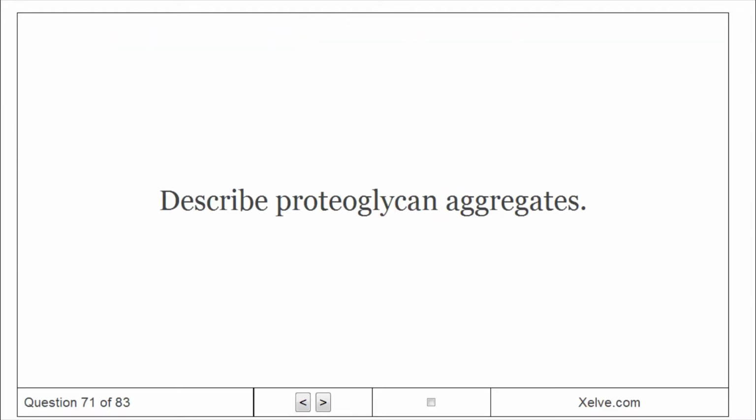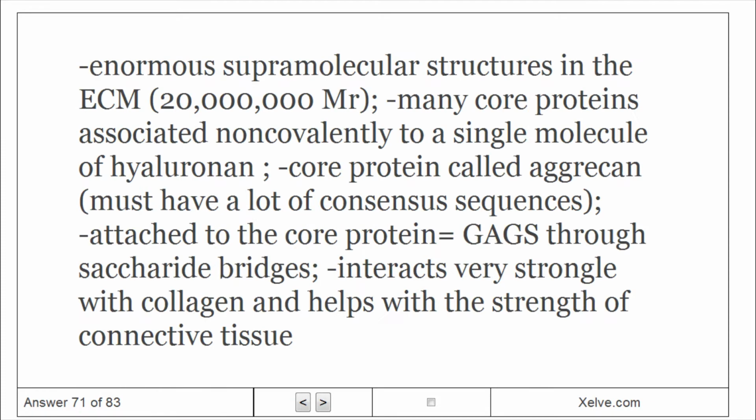Describe proteoglycan aggregates. Enormous supramolecular structures in the ECM, 20 million Mr. Many core proteins are associated non-covalently to a single molecule of hyaluronan. The core protein, called aggrecan, must have a lot of consensus sequences attached, with GAGs attached through saccharide bridges. It interacts very strongly with collagen and helps with the strength of connective tissue.